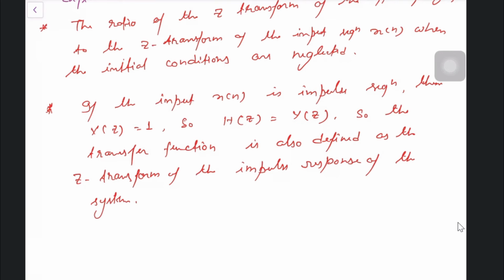So you have to remember, whenever we talk about the impulse response, in that case we are taking x[n] equal to the delta function, the impulse function, and that impulse function or delta function both are the same, so X(z) will be equal to 1.